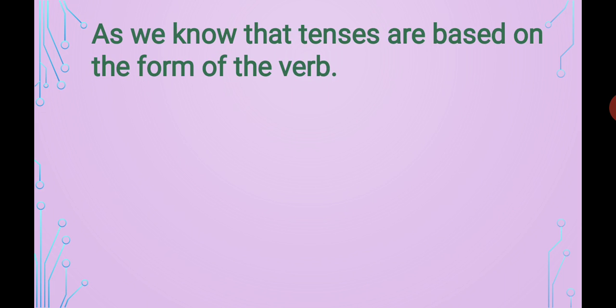It means that if we want to find out or identify any tense from the sentence, then first of all we have to pick up the verb and identify which form of the verb is there, and with the help of the verb we will easily identify the kind of tense.